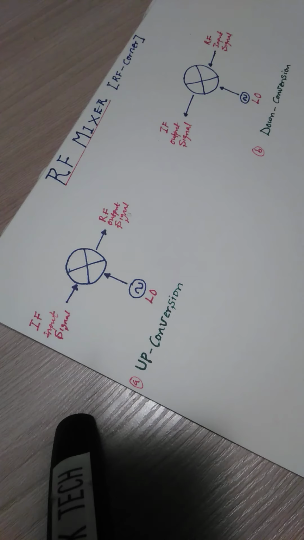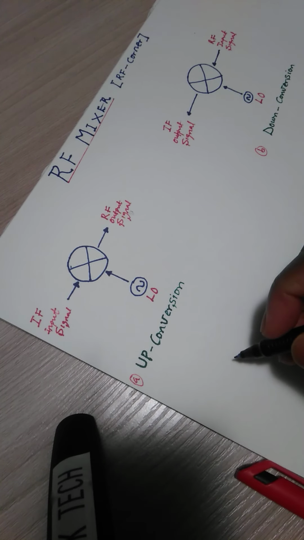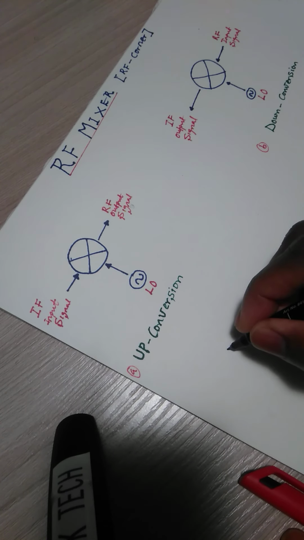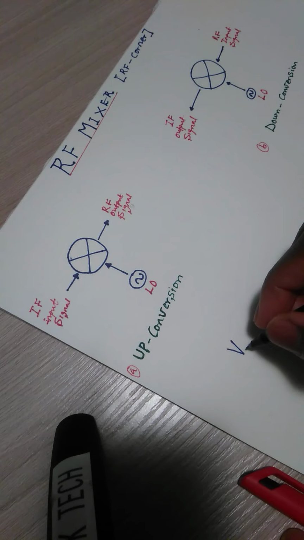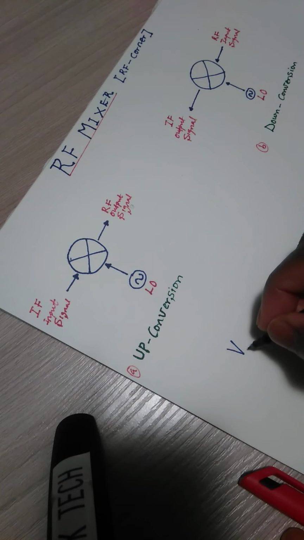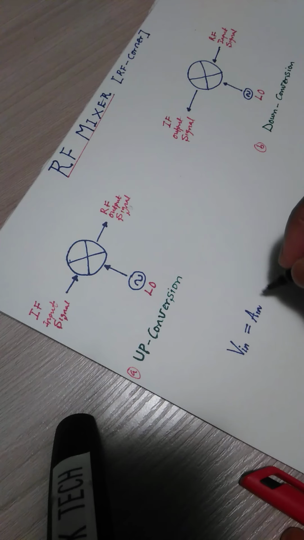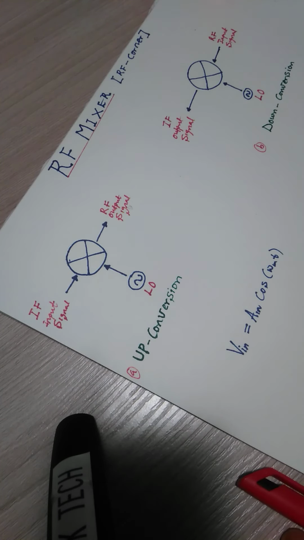Let's say for derivation we have V in as an input signal, like this: an amplitude A in, which we don't know, just some signal, and then we call it cos omega in of t. We have this one, right?